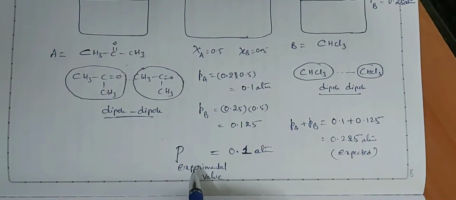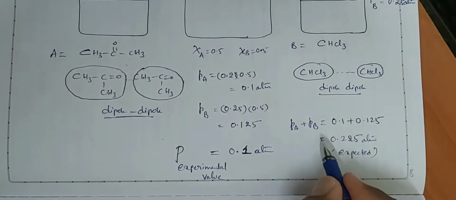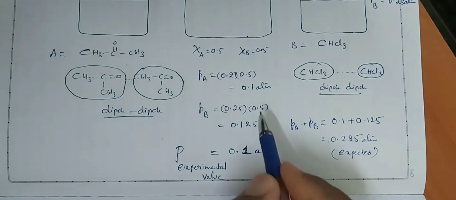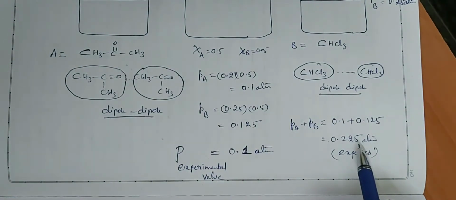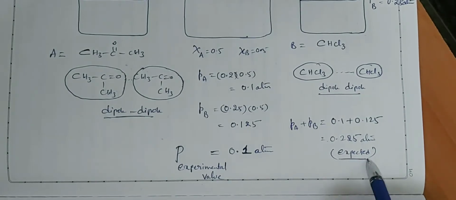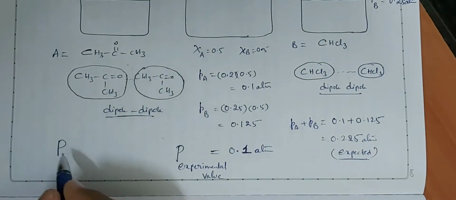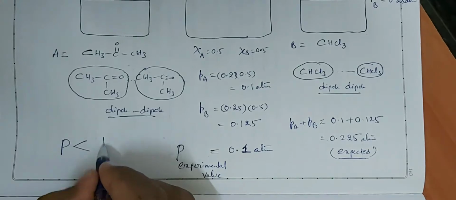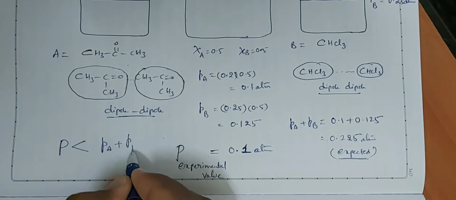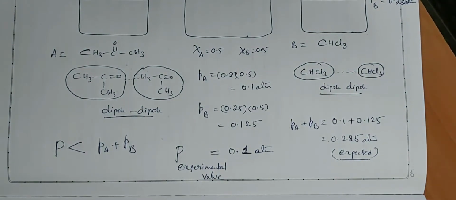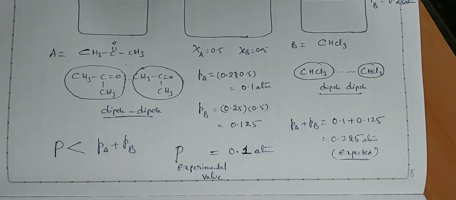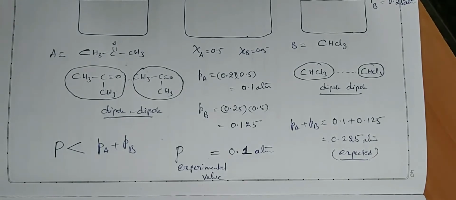P experimental value 0.1 atmosphere. According to our dipole forces calculation, we are getting 0.225 atmosphere. This is expected value. Experimental value is lower than expected value. Means total pressure P is less than Pa plus Pb. P is less than Pa plus Pb. The type of solution is called non-ideal solution, which shows negative deviation from Raoult's law.